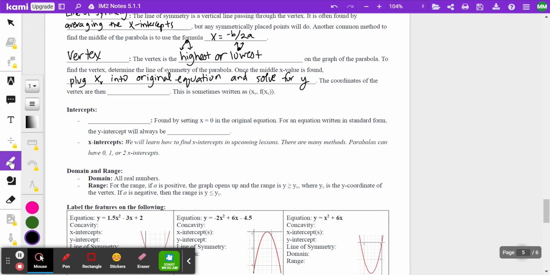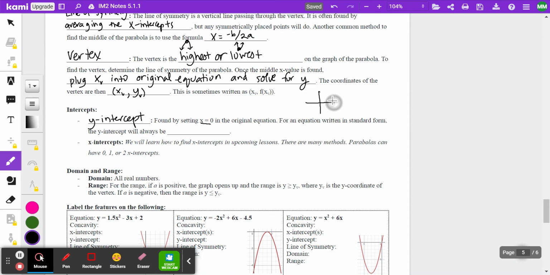The coordinates of the vertex are then the x piece and the y piece. Now intercepts. Y-intercept. This is found by setting x equals 0 into the original equation.